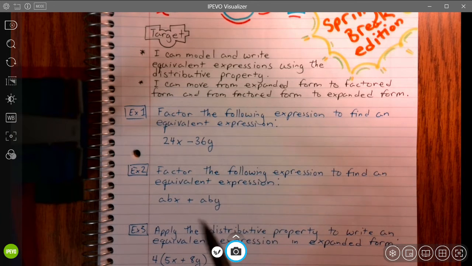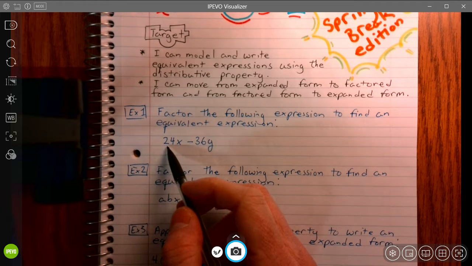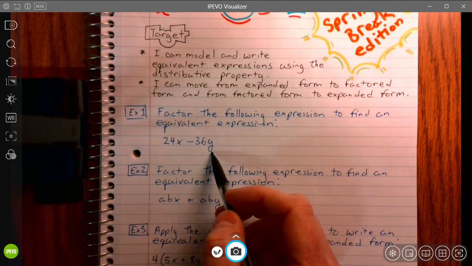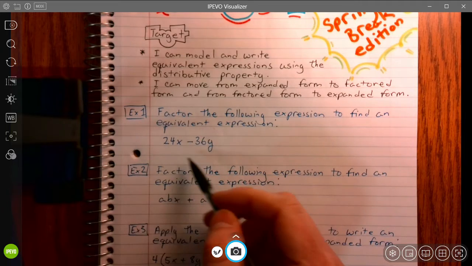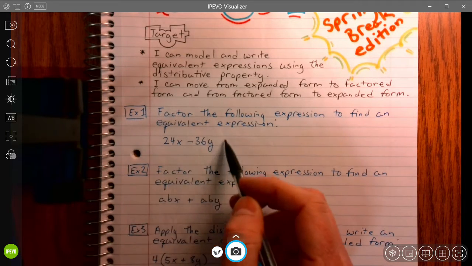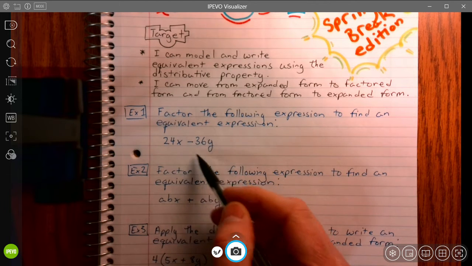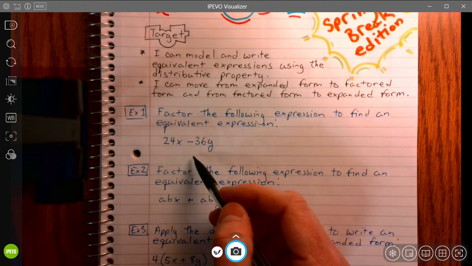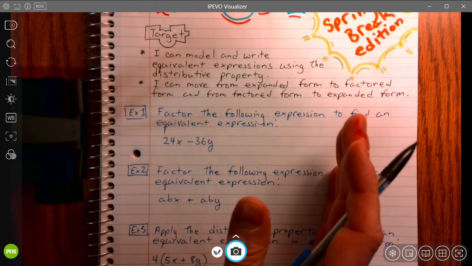Okay? And the way I do that is I look at 24x minus 36y and I ask myself, what is the greatest common factor with these two terms, 24x, negative 36y? Well, x and y aren't common factors, so I'm going to leave those alone.